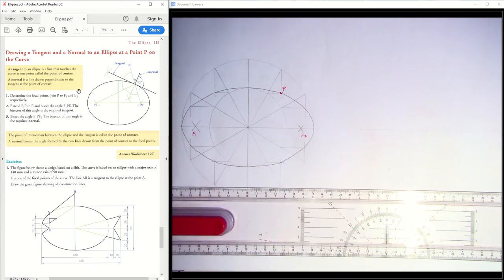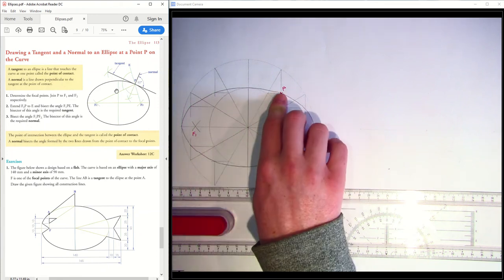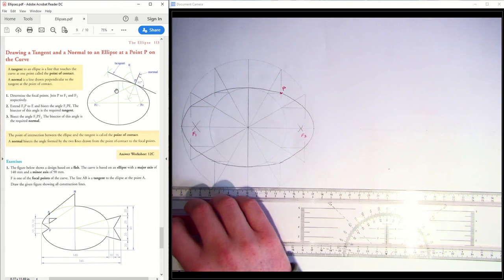Now, having a look at this, what are they doing? We're told the first thing is to determine the focal points, which we've done. Now we want to join P to F1 and F2 respectively. So this is P. We want to join a line to F1 and F2.